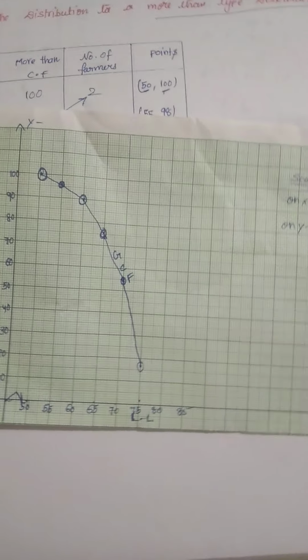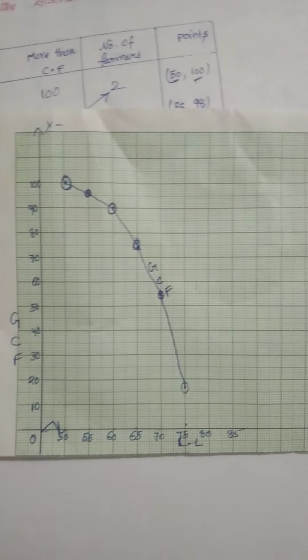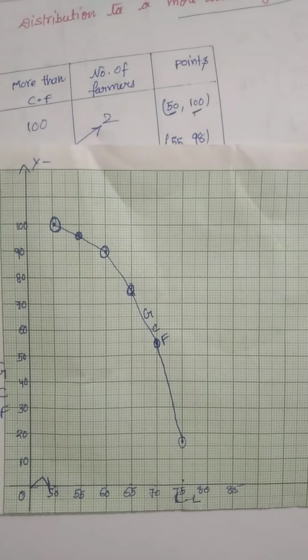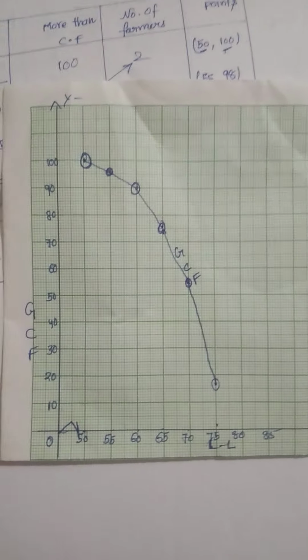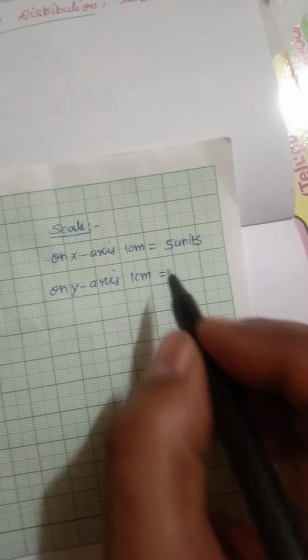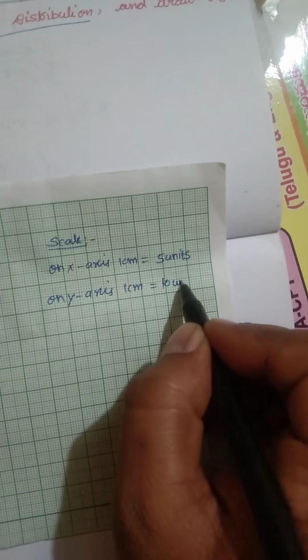Okay, so in this way we can construct the less than cumulative frequency curve and the greater than cumulative frequency curve. As we have taken on the y-axis 1 centimeter equal to 10 units, I have to write here 10 units.